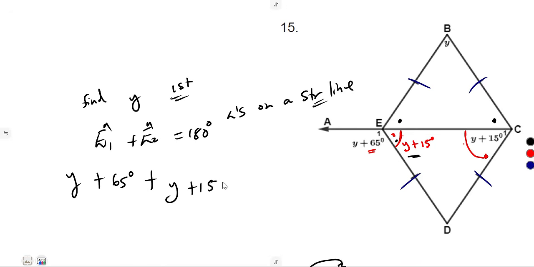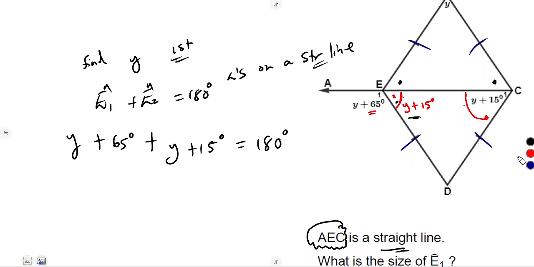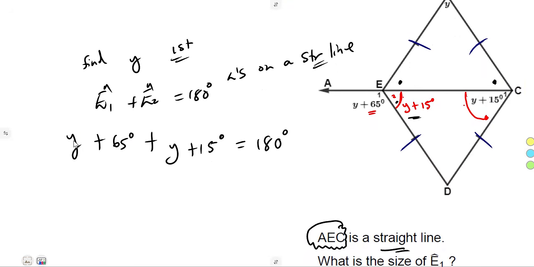So y plus 15 degrees is equal to 180 degrees. So let's find the value of y from there. These are like terms, so you can simply collect our like terms, add y to y there. That's 1 plus 1, which is 2. So that was going to give us 2y.